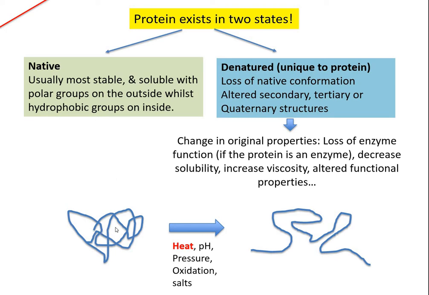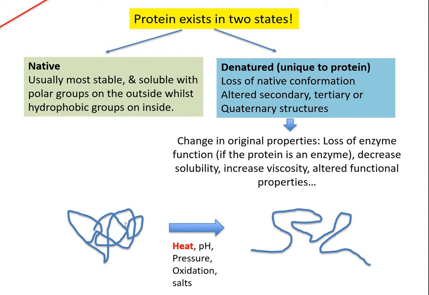Remember, you fold it in order to bury the hydrophobic groups. Therefore, the outside is supposed to be the polar groups. However, with heating, alteration in pH, maybe pressure, oxidation, or salts, we cause this denaturation.